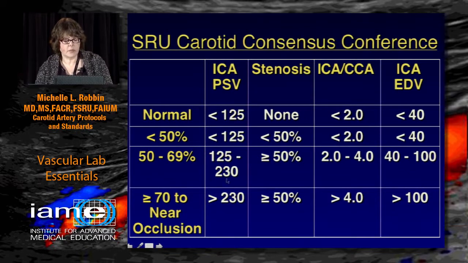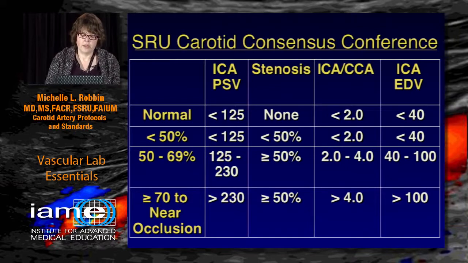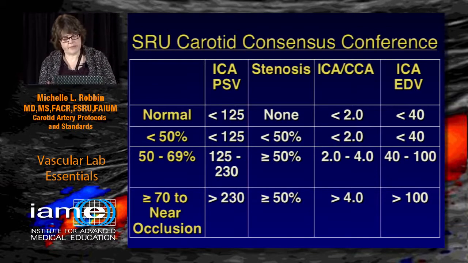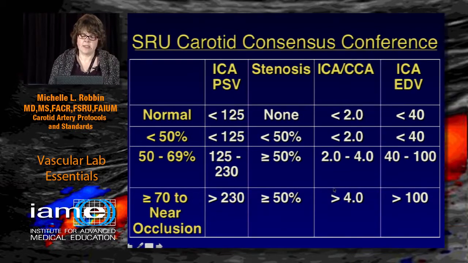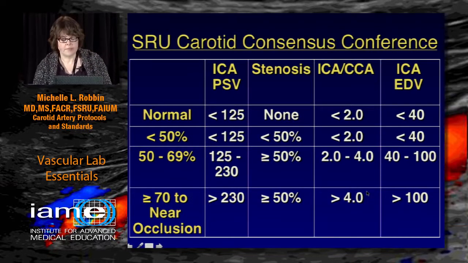And then once it gets over 125, up to 230, it's between 50 and 69%. So the SRU conference chose to use 70% and above as what would be significant. An ICA-CCA ratio of anywhere between 2 and 4 is what would be in this category.